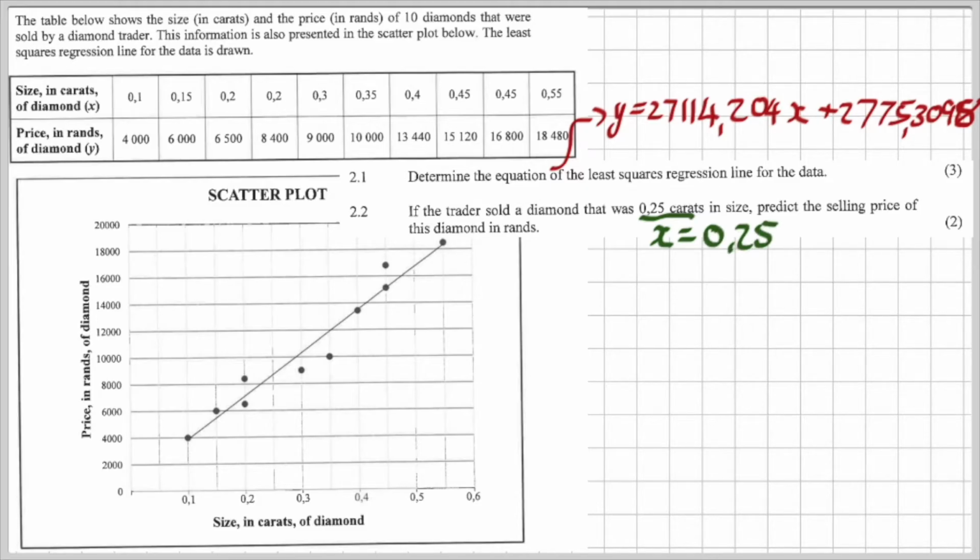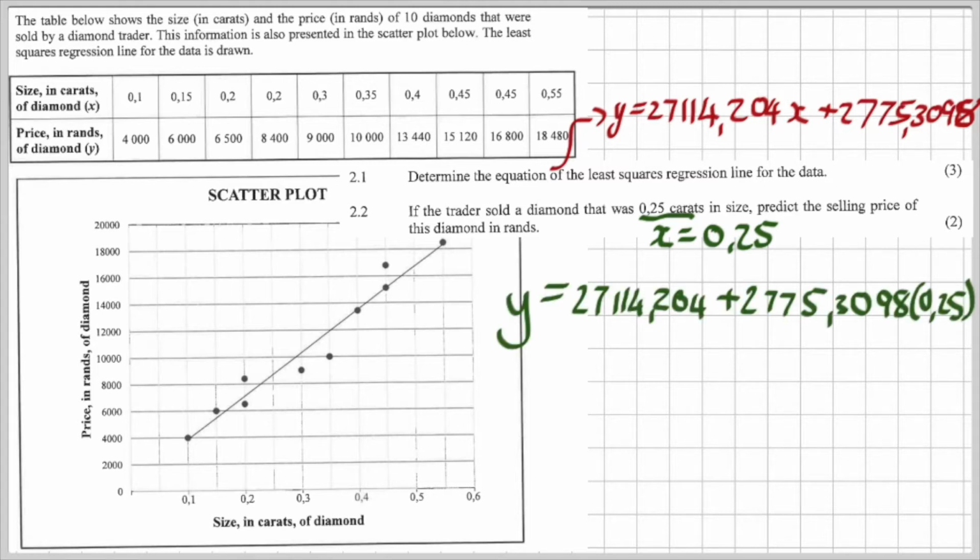Then how am I going to get the Y value? Because they're asking you to predict the selling price. Well, I'm just going to substitute in. Getting that answer, I have 27,808.03.